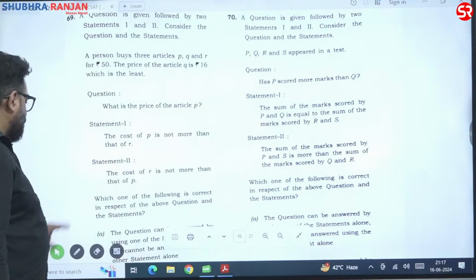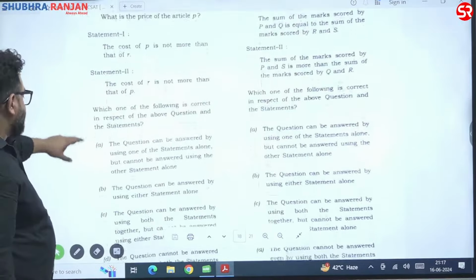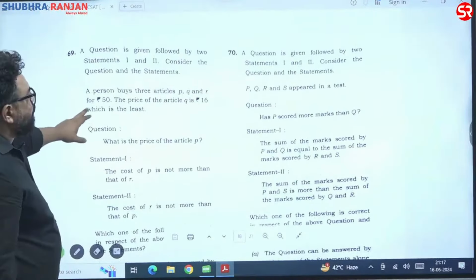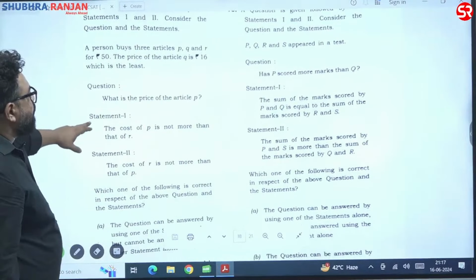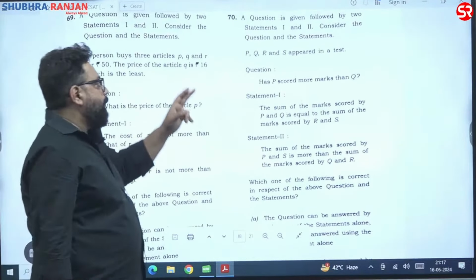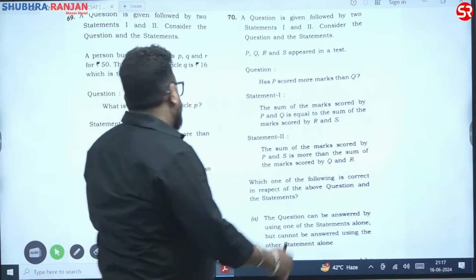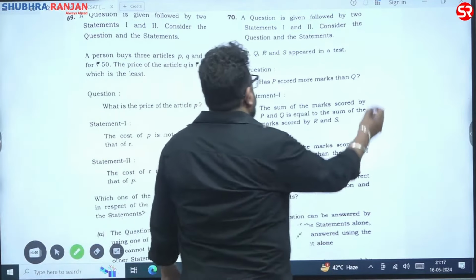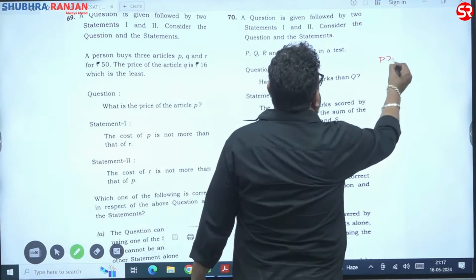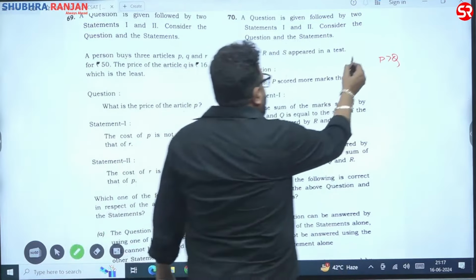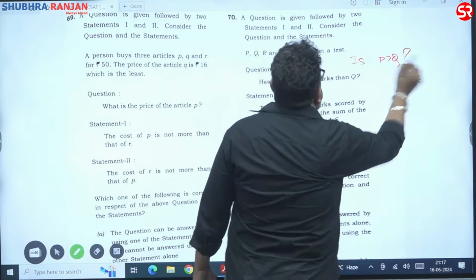So let's see the next one, guys. P, Q, R, S appear in a test. Has P scored more than Q? So the question is, is P more than Q?